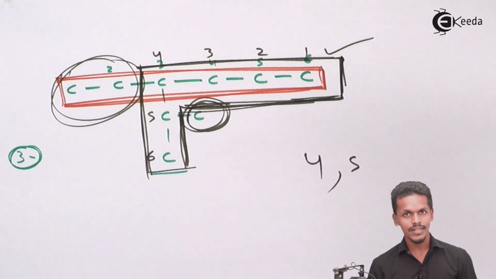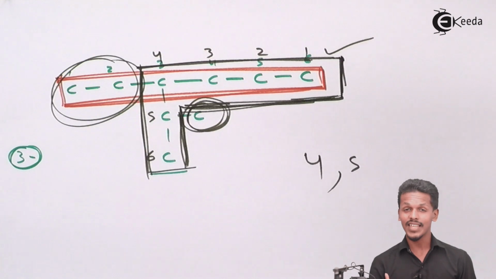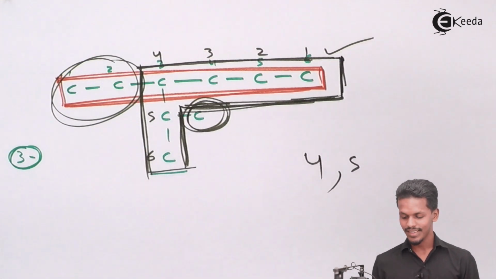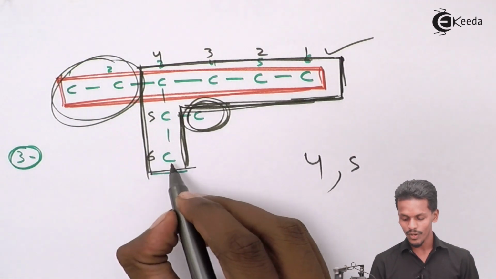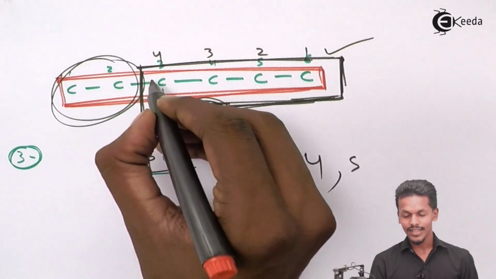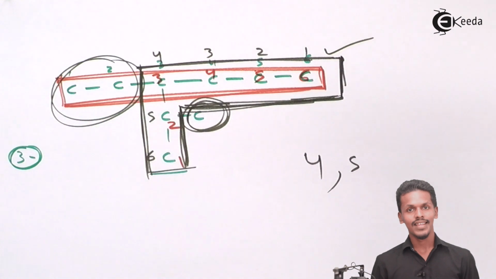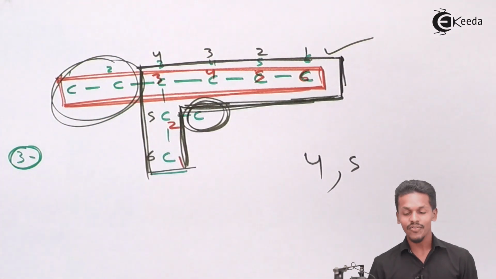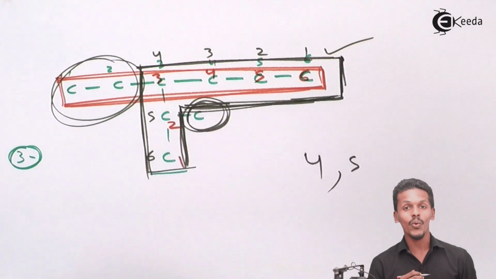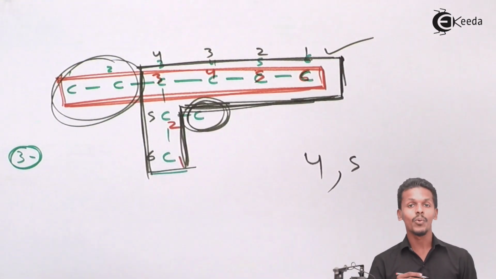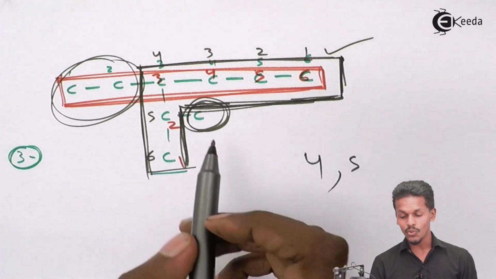What if I decided to number from here? That is, if this is 1, this is 2, this is 3, 4, 5, and 6. So the numbering now starts from this end, but I could see that this carbon has got the lowest number where this group is present.